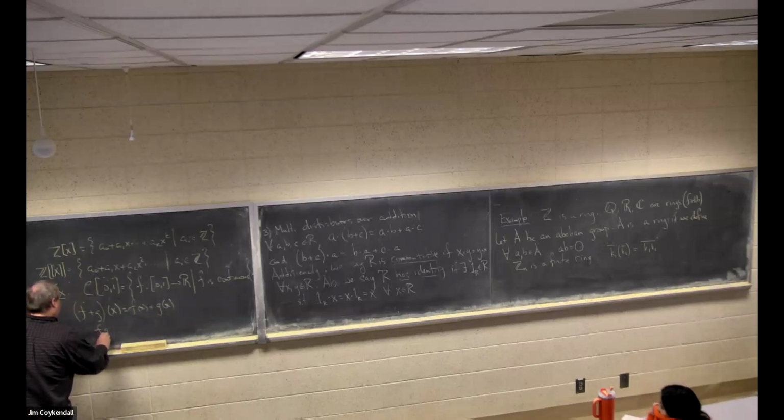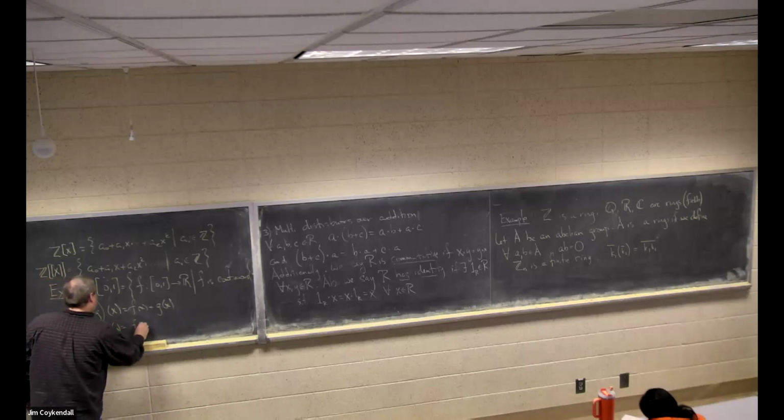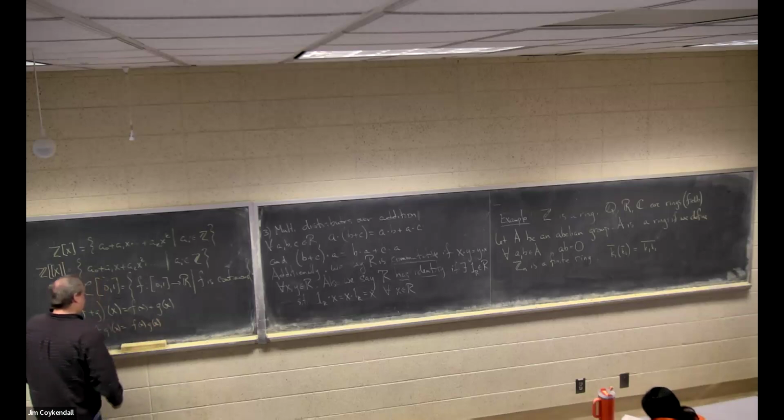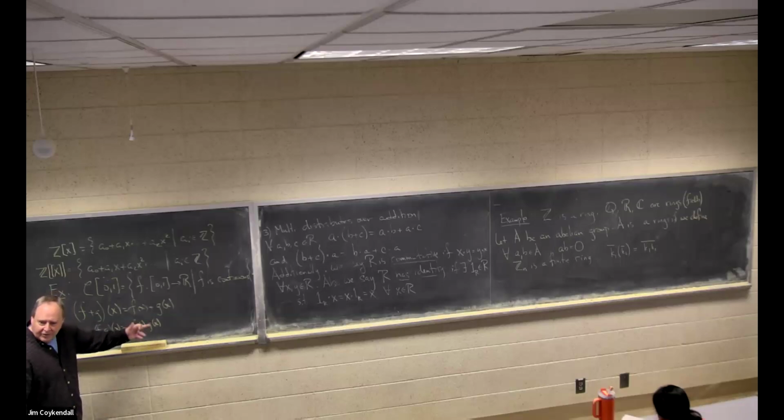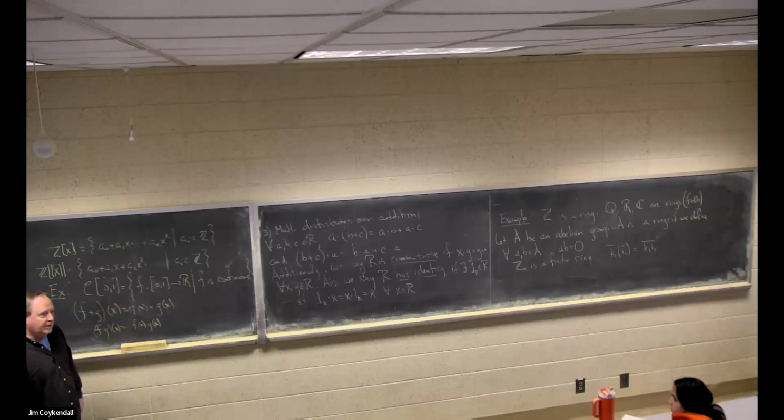And f times g of x is f of x times g of x. With this rule, pointwise multiplication, this is a commutative ring, because multiplying f of x and g of x doesn't depend on which order you do it in. This also has an identity. The identity function is the function that just takes everything to one. And that's the multiplicative identity.